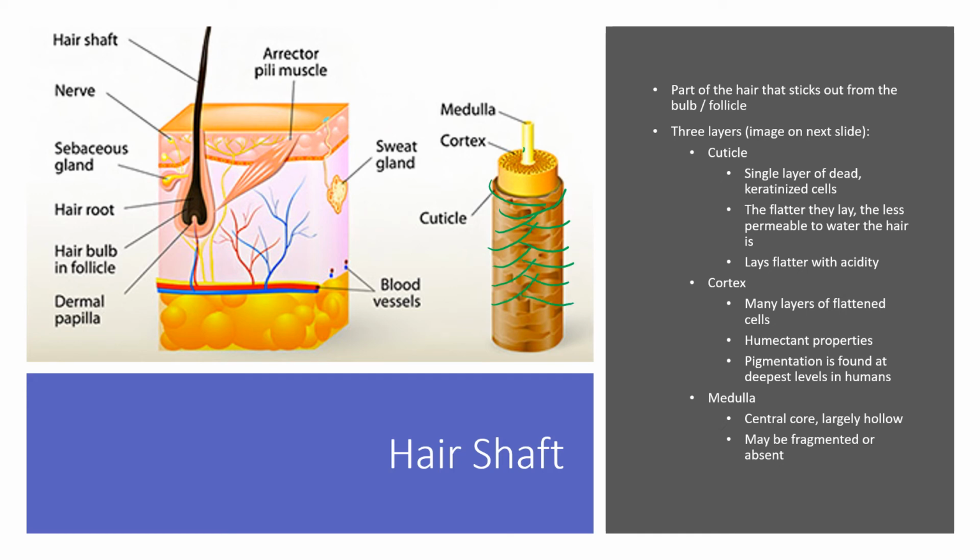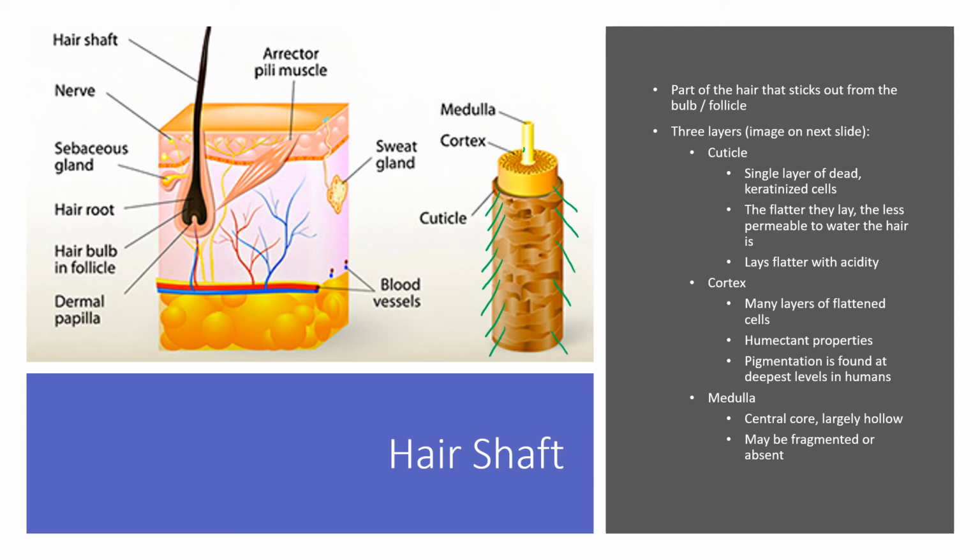The flatter and smoother they lay against one another, the less permeable they are to water. They also lay flatter against each other with acidity. So let's think about the practical day-to-day implications of that. Think about when it gets humid outside, right? It gets hot, it gets humid. Heat is going to make it so that these cuticle layers get pulled away from each other a little bit.